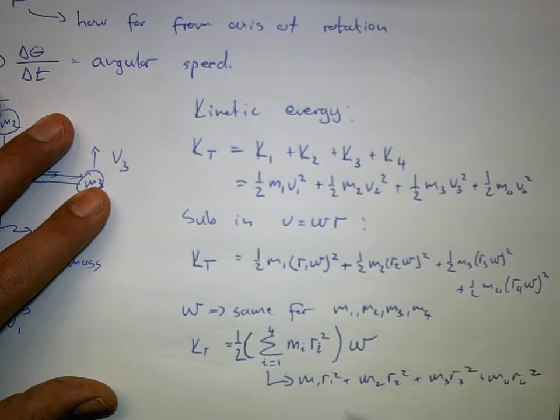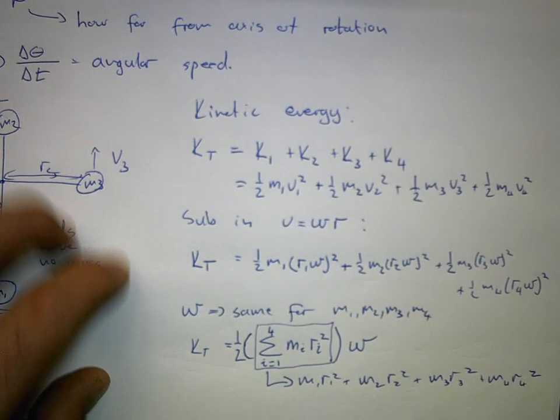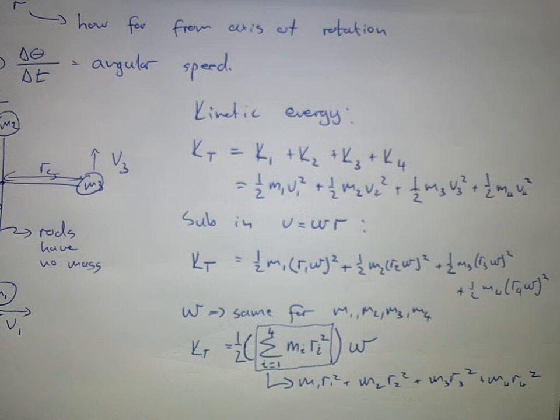So that's what this means. It's just a shorthand way to say I must sum terms of this form, starting from 1, ending up at 4. Oh yeah, the omega must be squared as well, obviously.